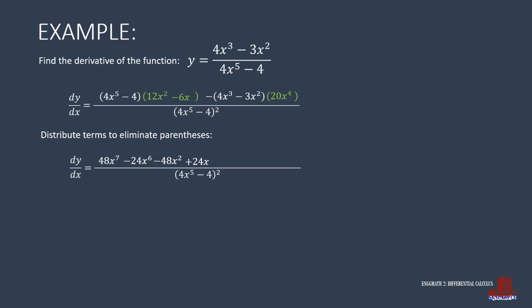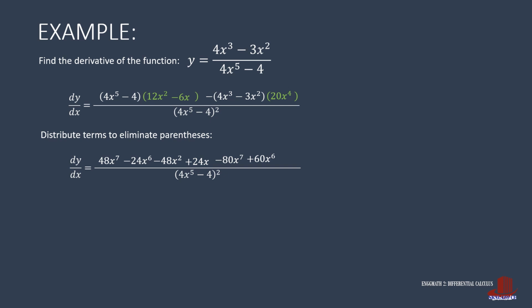And negative 4 times negative 6x makes positive 24x. From the second group, there are negative 4x cubed times 20x raised to 4, giving negative 80x raised to 7. Then there is also the negative of negative 3x squared times 20x raised to 4, which makes positive 60x raised to 6.